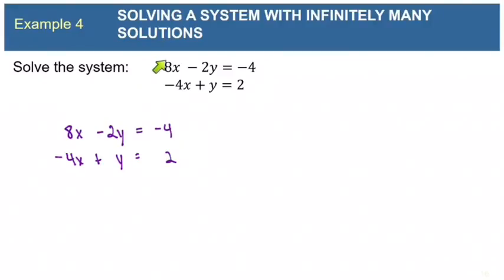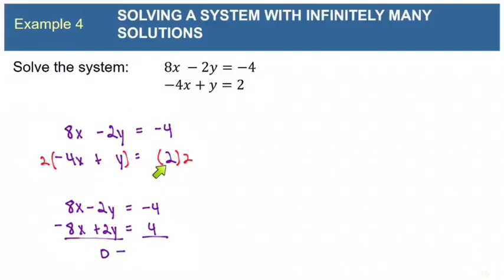So I'm going to leave the top equation the same, and I'm going to multiply the bottom equation by 2, and that's going to give us, for the bottom equation, negative 8x plus 2y equals 4. And now when I add up the left sides, I get 0, and also when I add up the right sides, I get 0. That's telling me that actually these two equations, although they look different, they're really the same equation. So they have all the same solutions, and in this case, there's an infinite number of solutions.